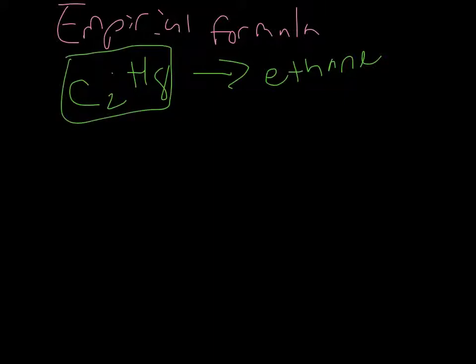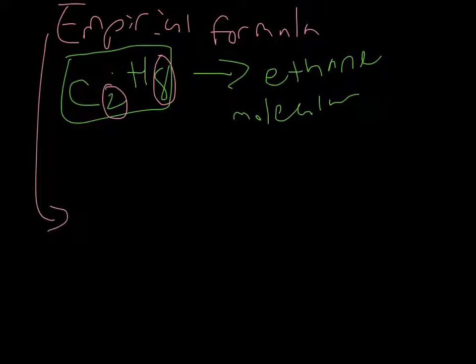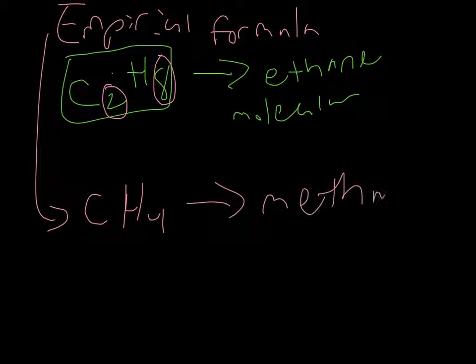You might notice that both the 2 and the 6, the little subscripts of each element, are both divisible by 2. So if I say green is molecular, and I use pink because I wrote empirical in pink, you divide each one by 2 and you get CH3.